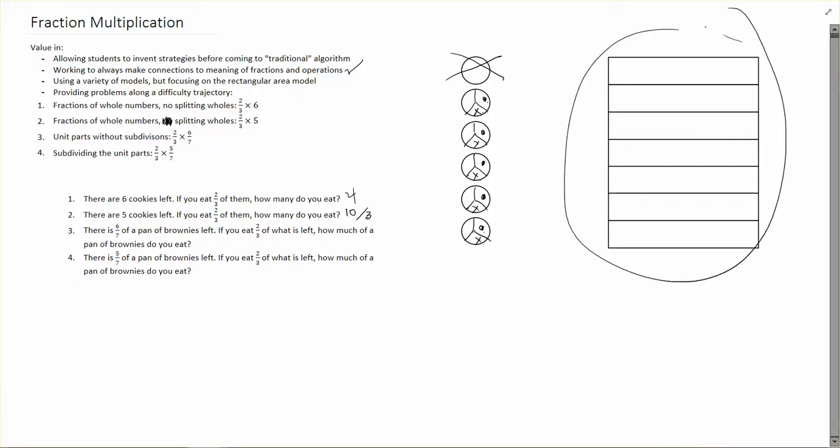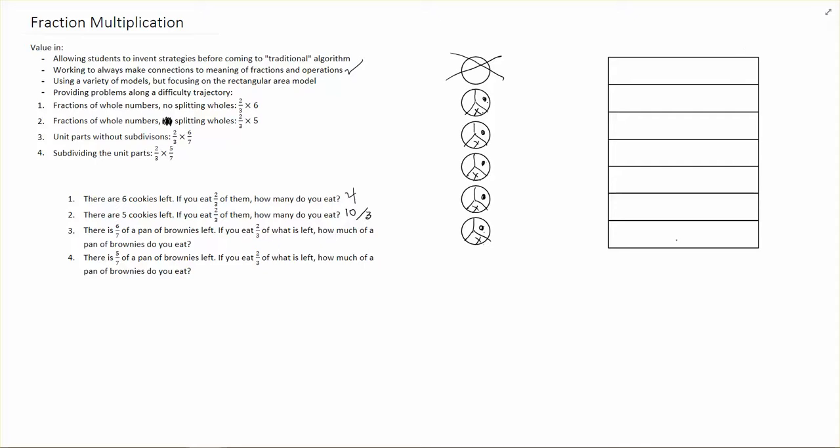Say I've got my pan of brownies over here, split into sevenths, and we only have 6/7 left. So this guy here is not around anymore. And let's say we're going to eat 2/3 of what is left. Well, I've got 6 pieces here: 1, 2, 3, 4, 5, 6.